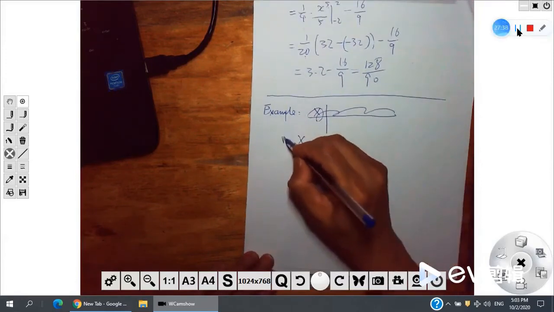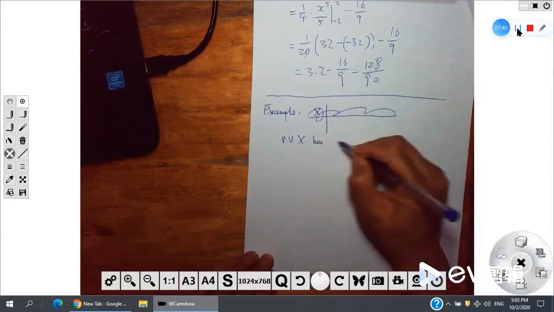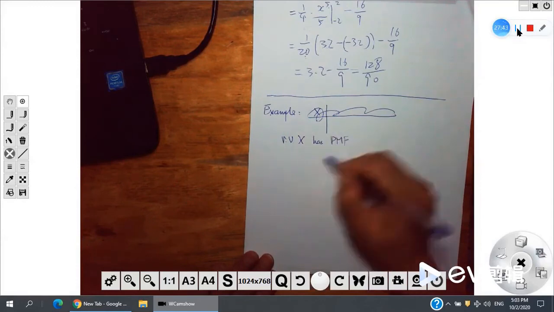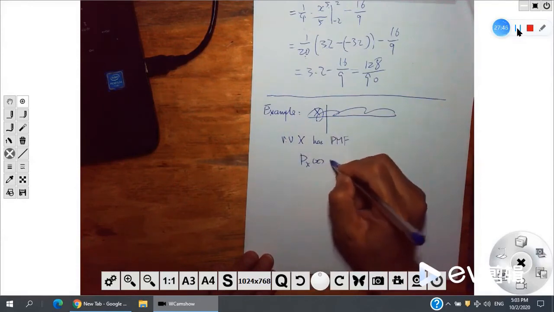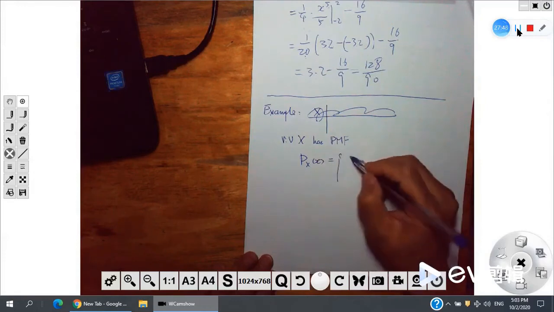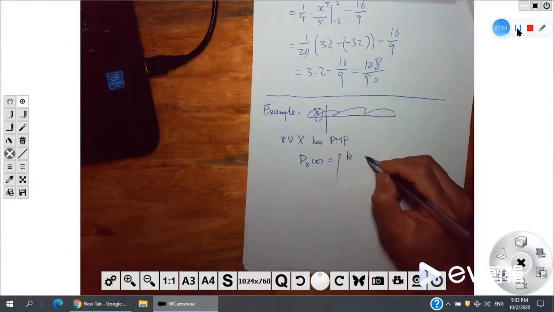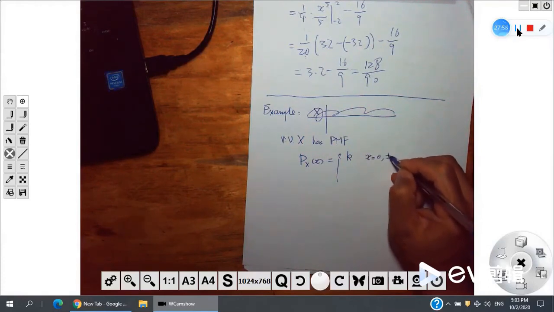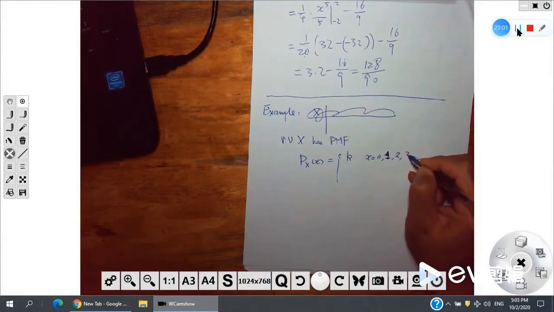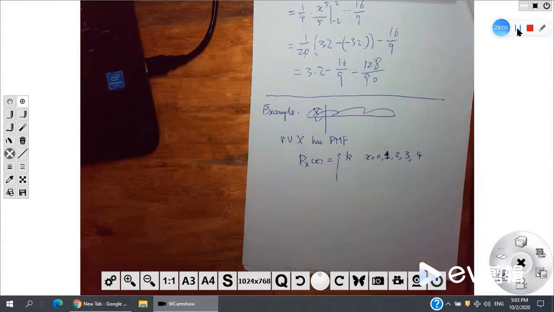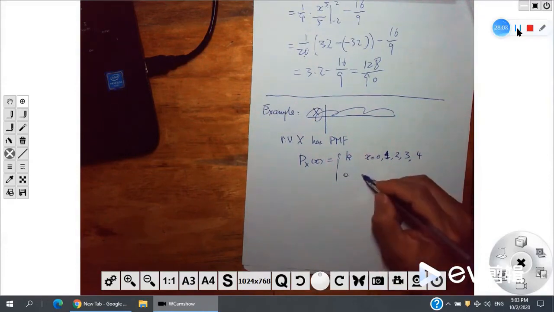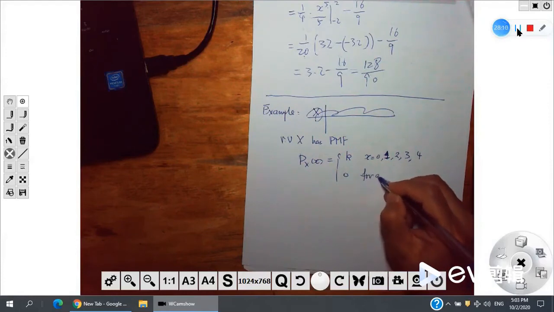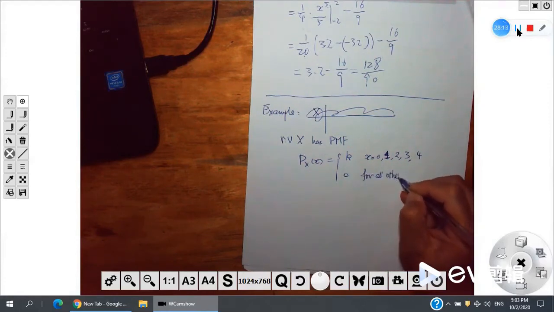Random variable x has probability mass function p x of x equal to, still using a k, for x equal to 0, positive, just positive, I use square root, so positive 1, positive 2, positive 3, positive 4, and 0 for all other x.